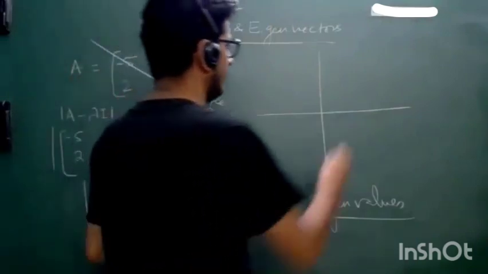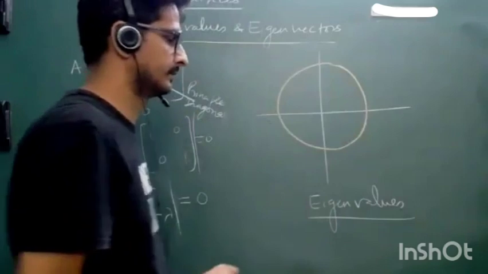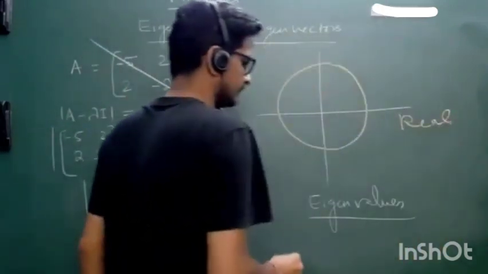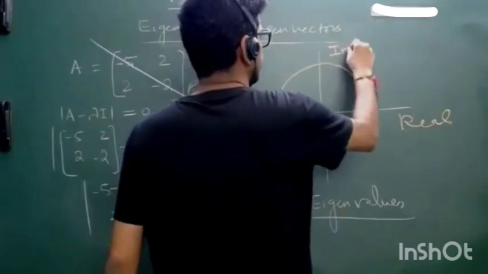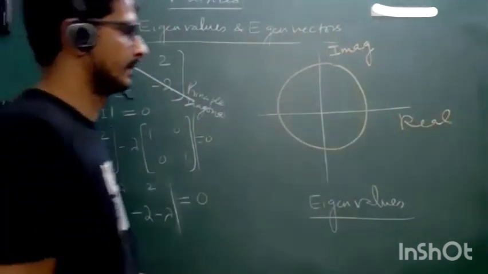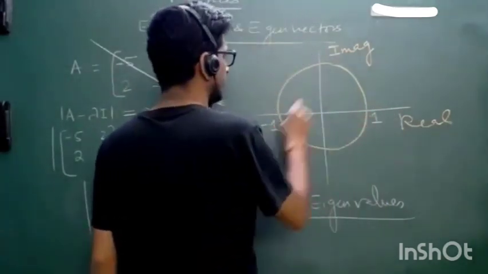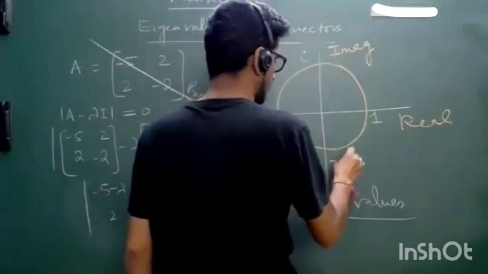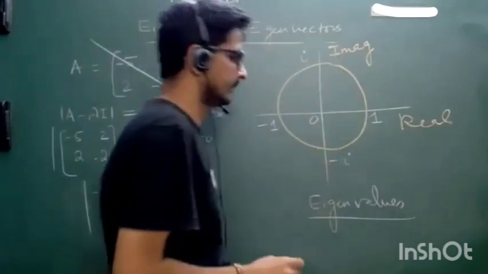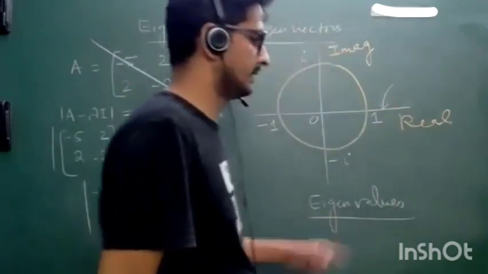Now, if I draw a unit circle here, so this is real axis, this is imaginary, and this is a unit circle. So value here is 1, minus 1, here it is iota, and here it is minus iota. This is origin. So this is for eigenvalues, please see.